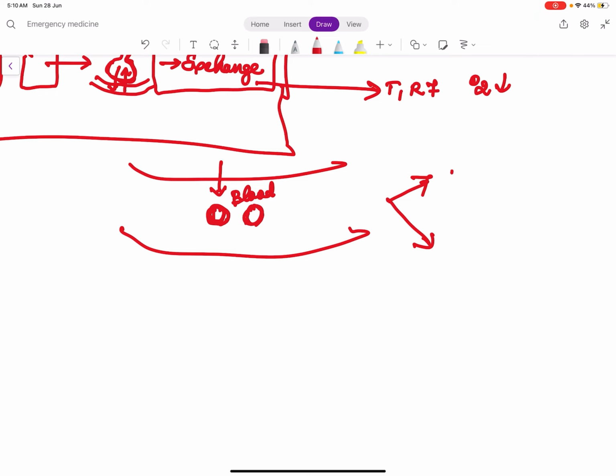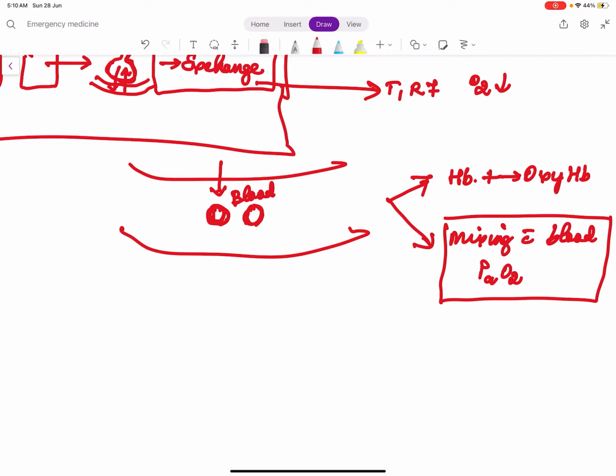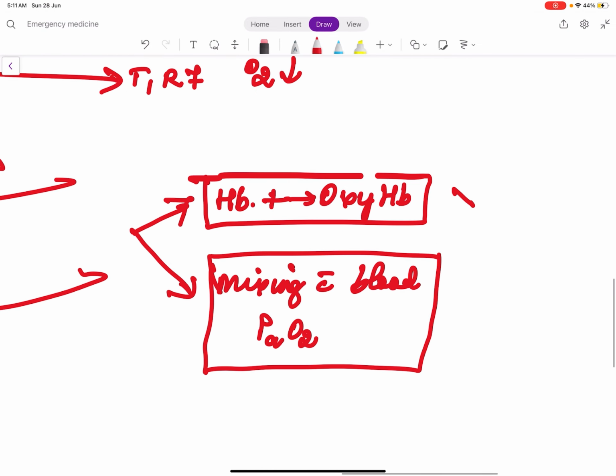One is by binding to hemoglobin to form oxyhemoglobin, and the other is by direct mixing with the blood. All the values we have discussed till now, which is PaO2, the oxygen concentration of blood, is the actual oxygen present in the blood itself. It does not measure the oxygen which is bound to hemoglobin. And I already told you, compared to the dissolved oxygen in the blood, the oxygen carrying capacity of blood is more important in oxygen transport.